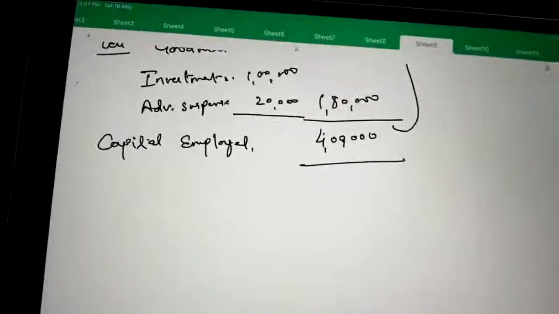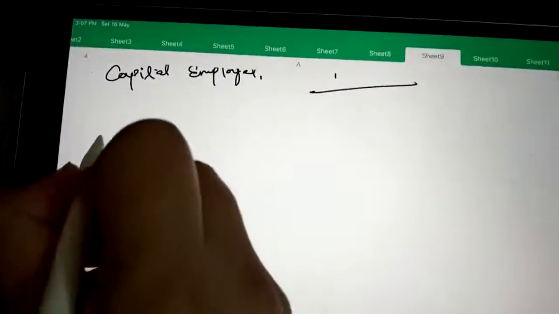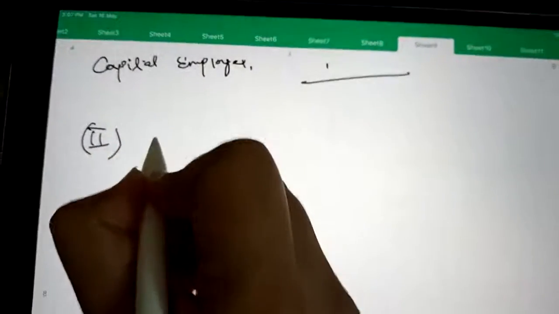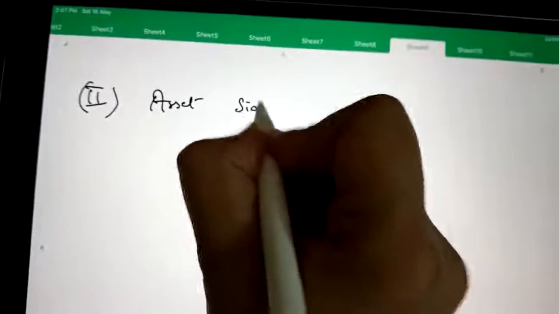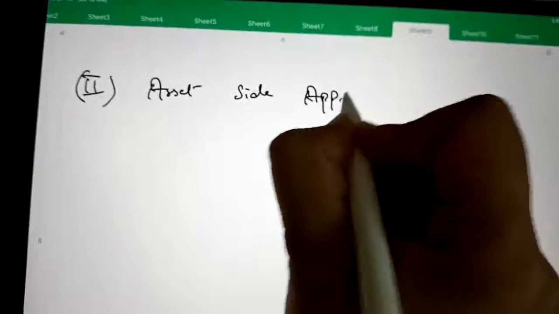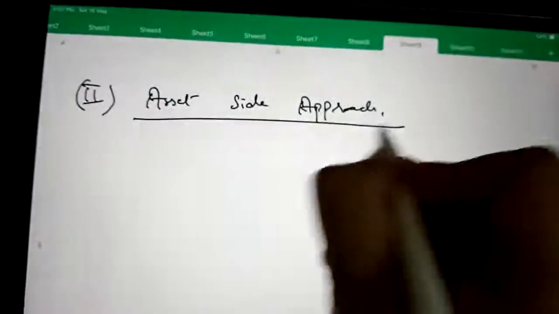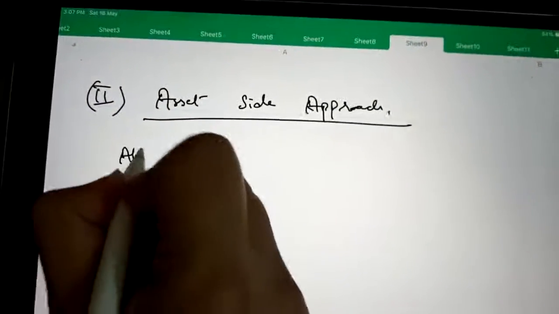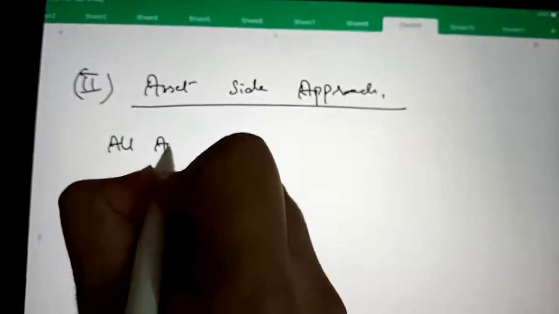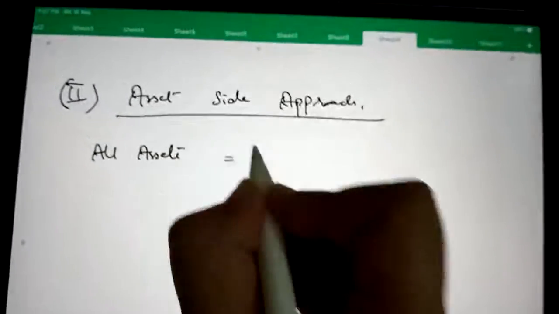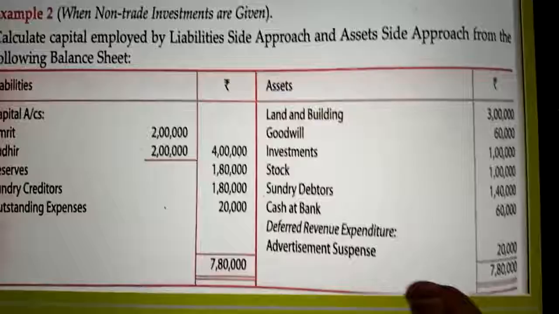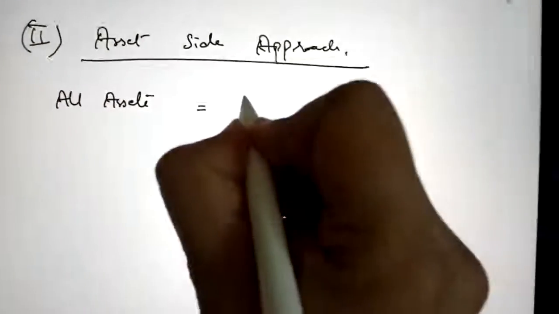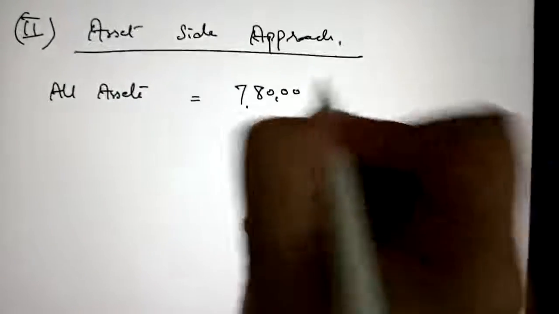Then the second approach for calculating capital employed is asset side approach. Under the asset side approach, we will write all assets; the total is given to us in the question, 7,80,000.